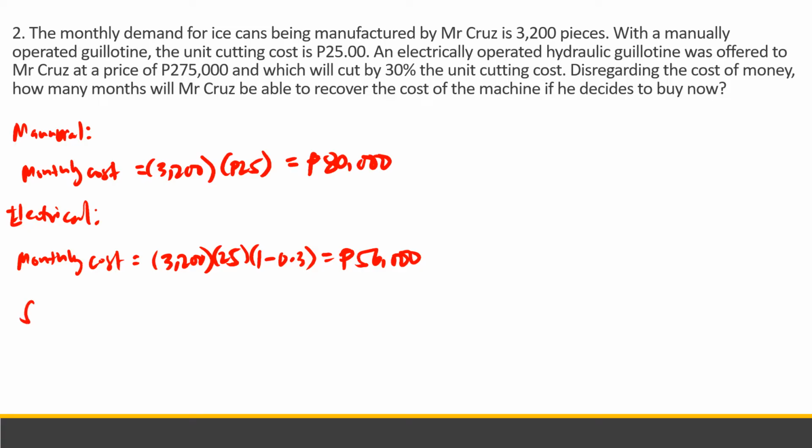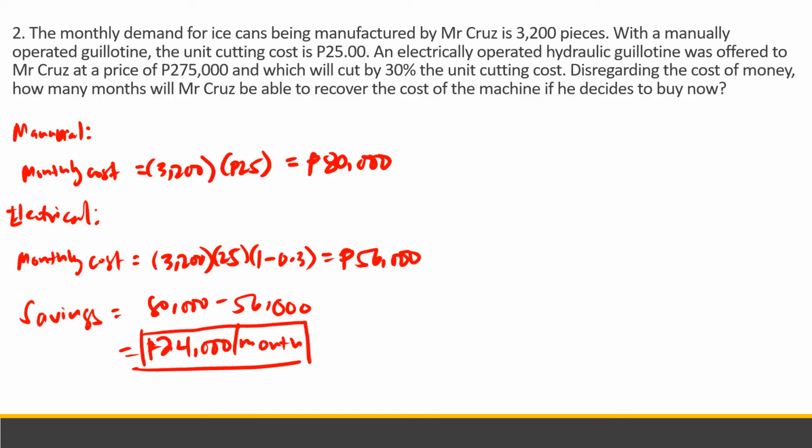So his savings would be 80,000 minus 56,000, which is equals to 24,000 pesos per month. So, malaking savings na to. So, for how long will he actually start saving after the cost for buying the machine is recovered?